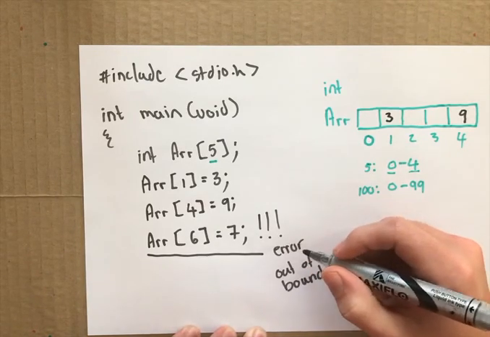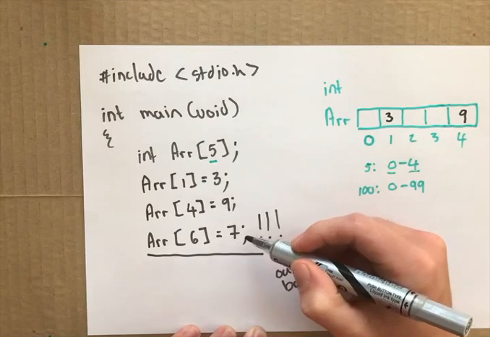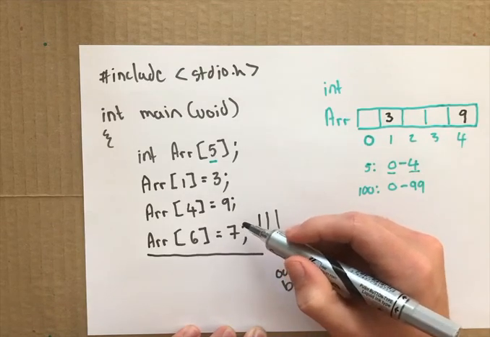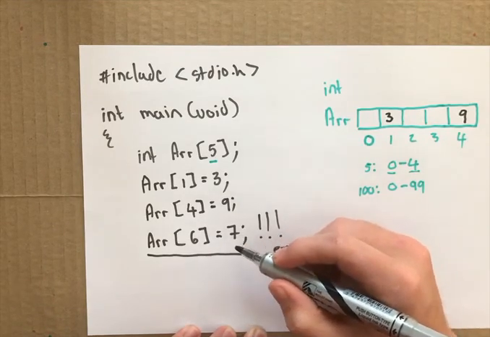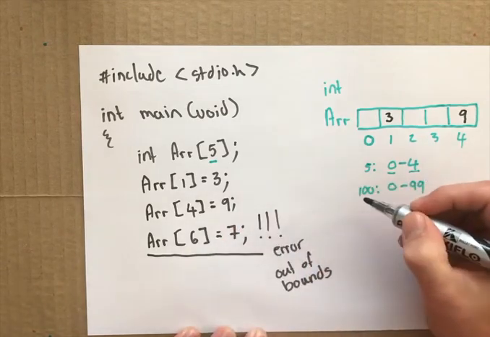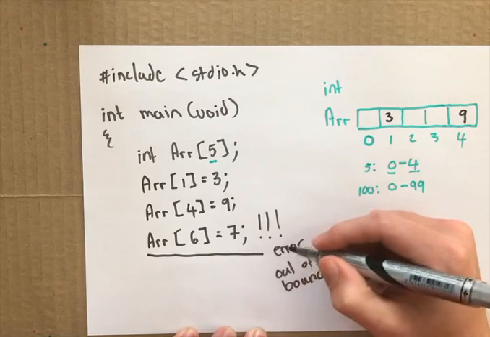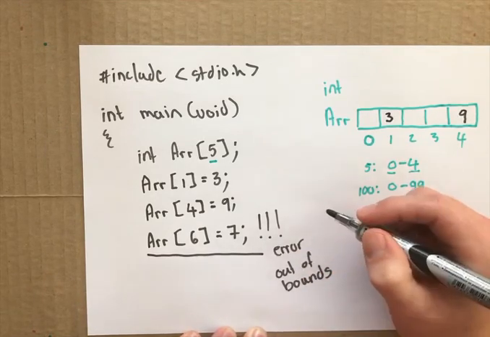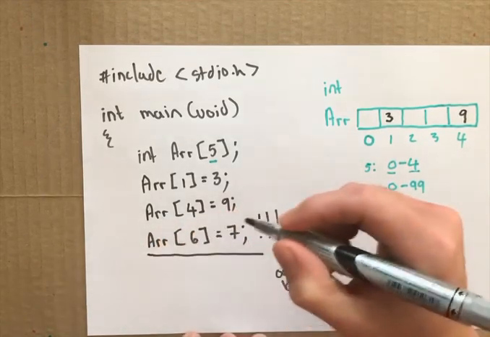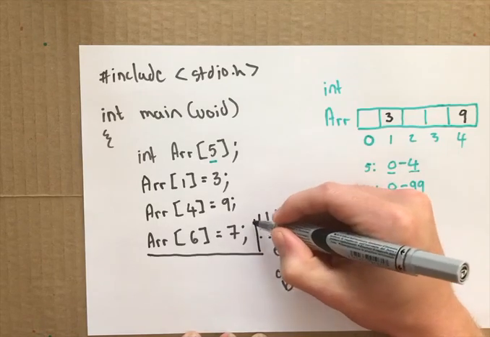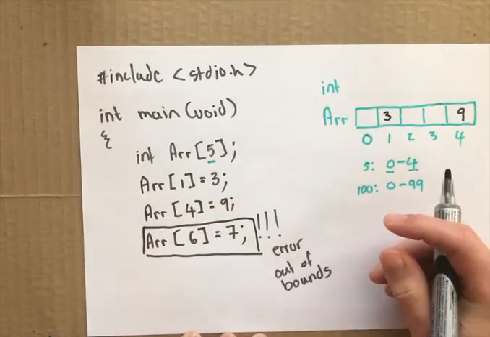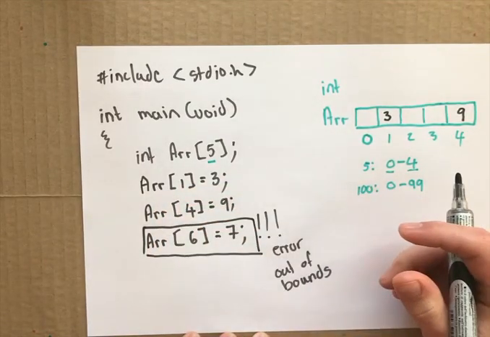In some cases, this can be fatal for your program and maybe your computer, because you're going outside the memory address of this array. But luckily our compiler picks it up as out of bounds and it won't compile. So please make sure that you do not go outside the bounds of your array.